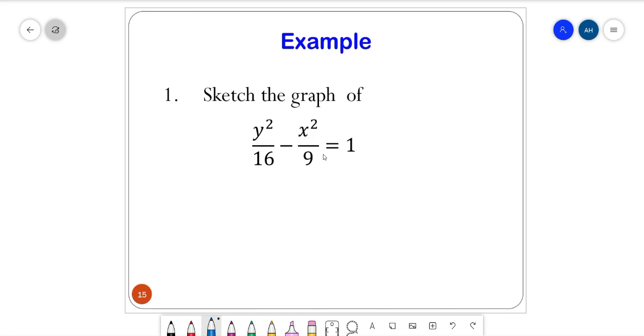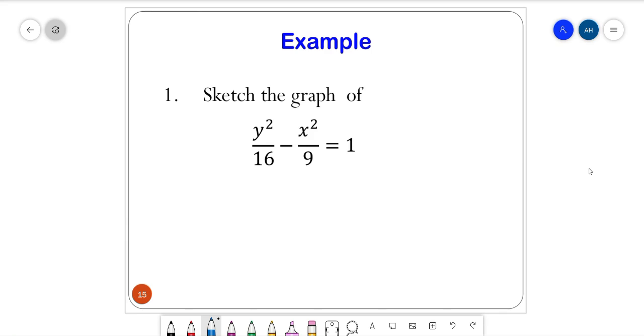In fact, this is a standard form, right? Because we have y square component, we have x square component, and in between we have minus sign, and the right hand side is equal to 1. We already recognize the format of the equation in standard form for a hyperbola. That is, we have y square component followed by x square component, and in between we have subtraction, and on the right hand side we have equal to 1.